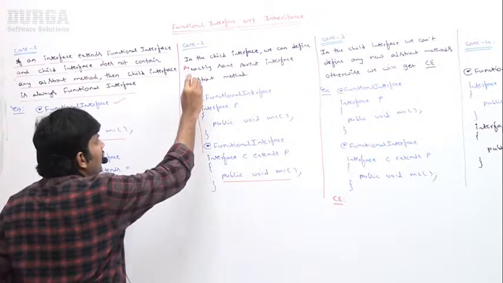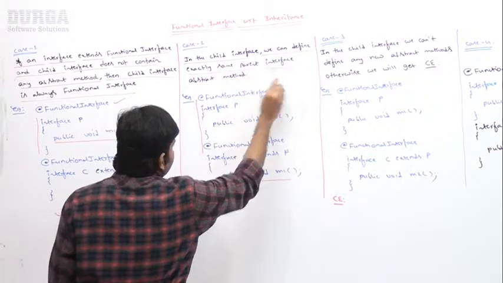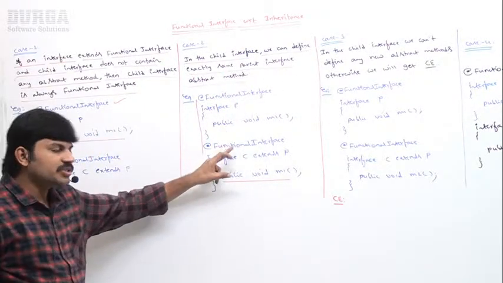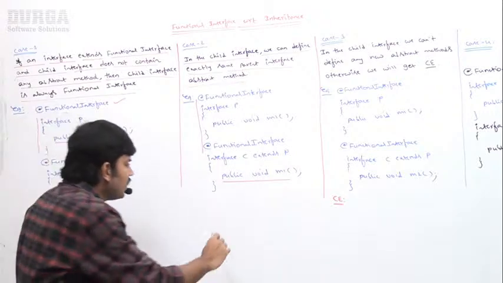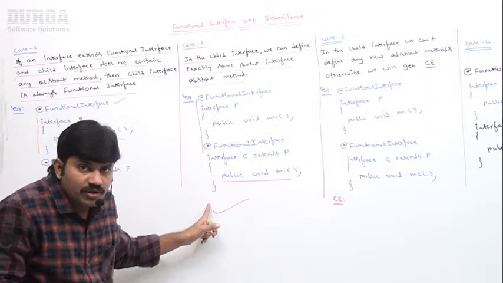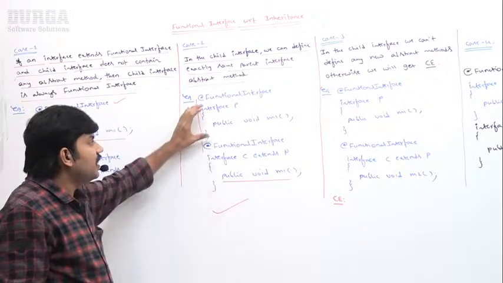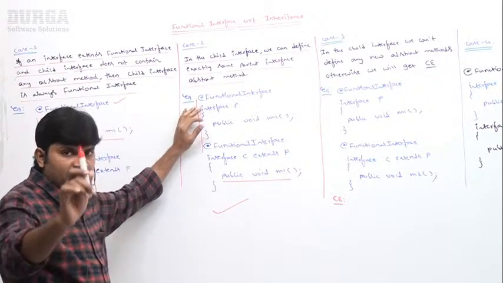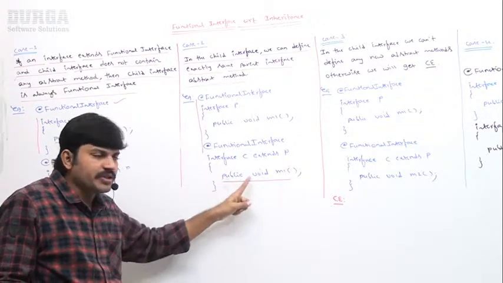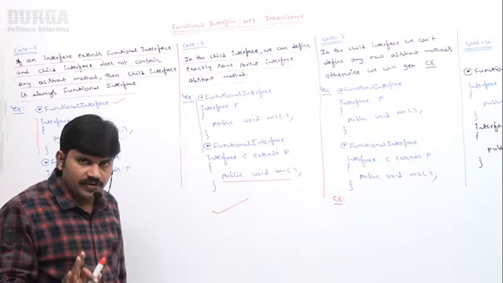In the child interface we can define exactly the same abstract method as the parent interface, and the child is still a functional interface. If I write it like this, it is perfectly valid. There is no doubt at all. If the parent interface is a functional interface and I define the same parent interface method in the child interface, it is obviously still a functional interface.